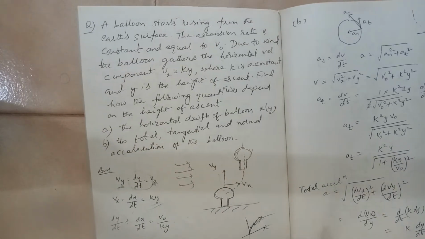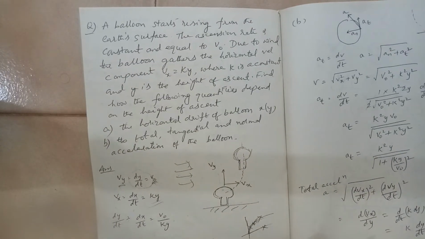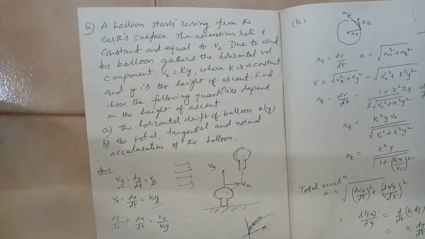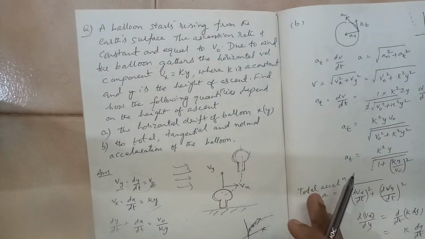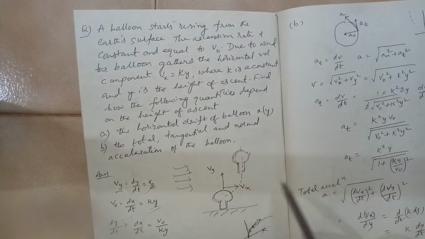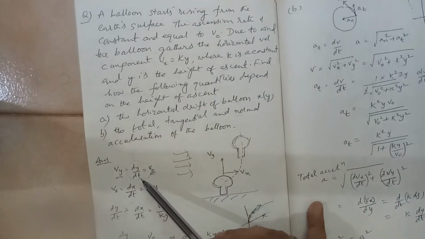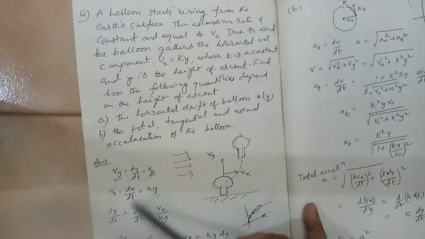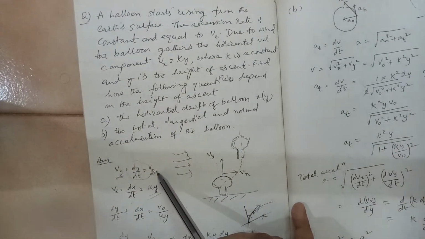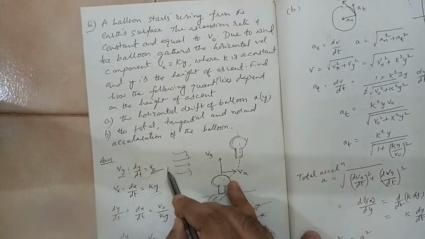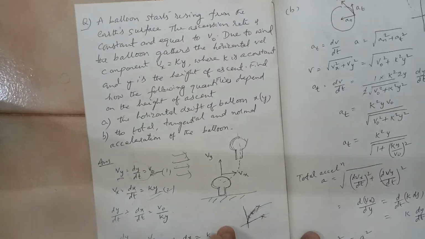Whenever you see this type of question where you have to calculate the trajectory, you have to establish a relationship between x and y. Here you have a parameter which is varying with respect to time. Let us call this equation 1 and equation 2.